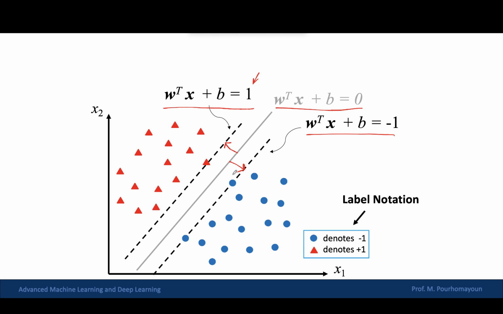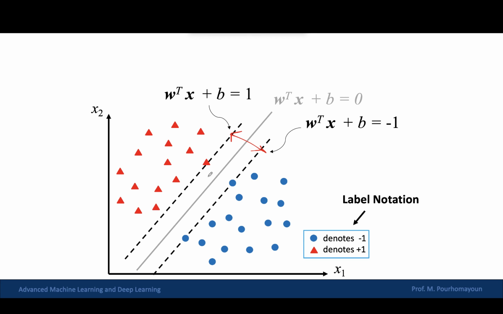And now rather than using this gray line for our classification, I take one further step. I want every data point. So this is an area that I just defined. By defining these two lines, I define an area. Okay, this is a gap.